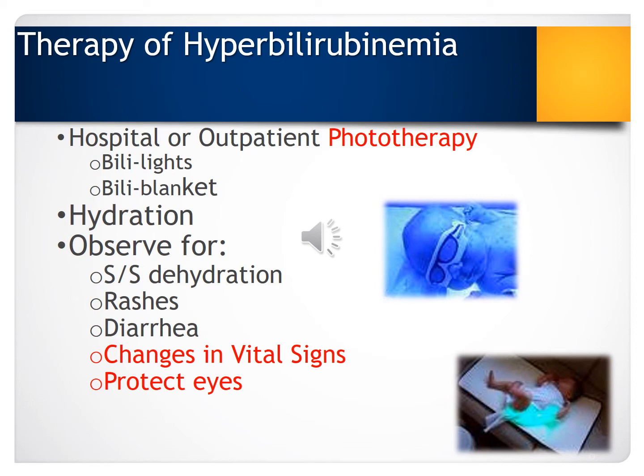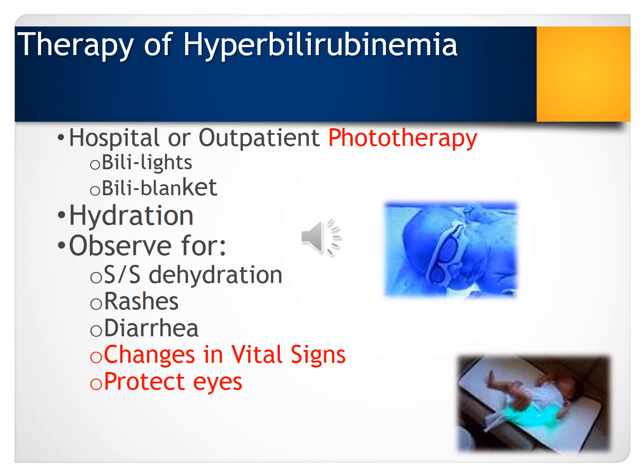And so it's a little device that can be placed directly on the newborn skin if the mother is, let's say, feeding or just wants to hold the baby, but we still want to decrease the amount of bilirubin in the blood. And so this allows for an opportunity to continue attachment, developing attachment and bonding.